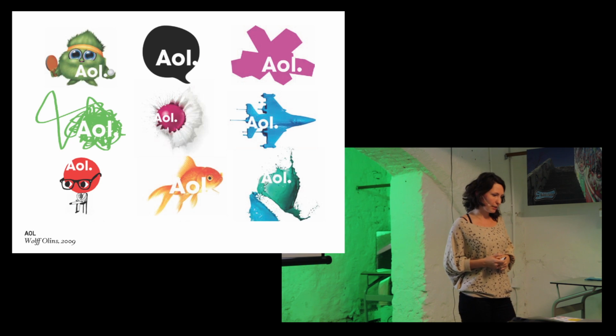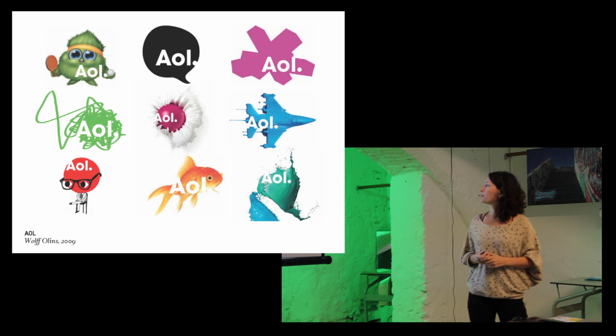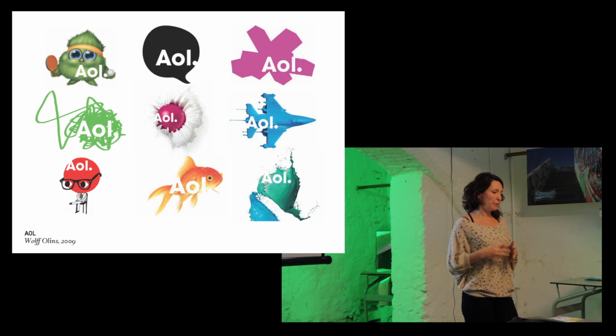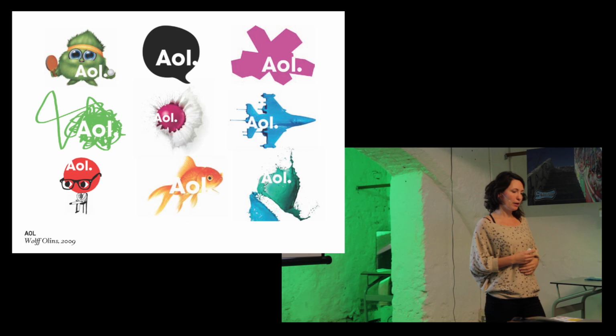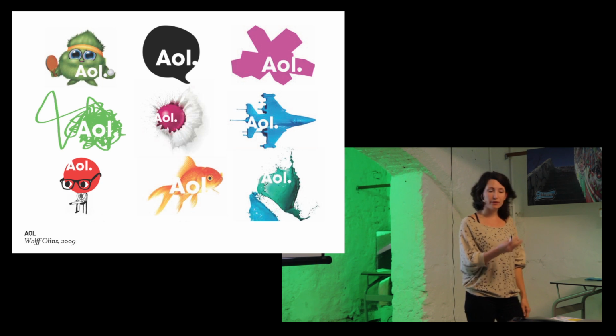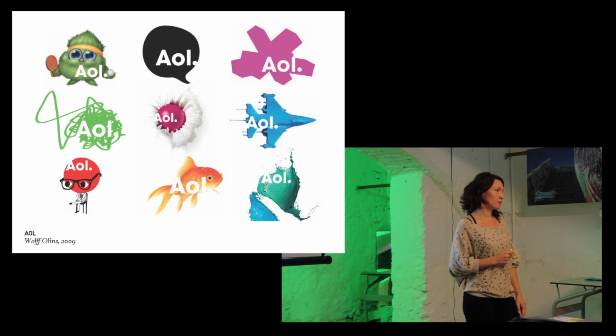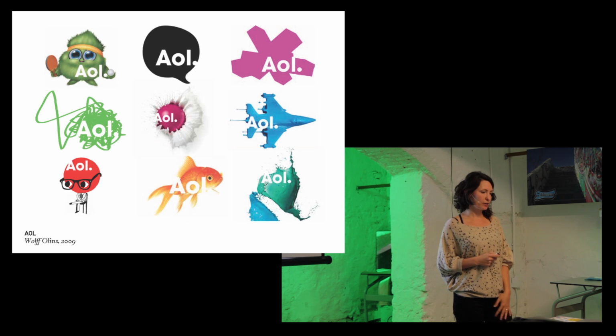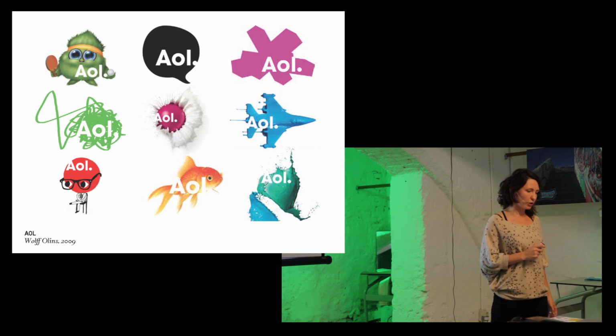Another simple example is AOL. AOL has fixated its word mark, and behind that there's a whole platform that can be filled in with, in this case, a whole database of artwork. They asked different artists to deliver artwork.